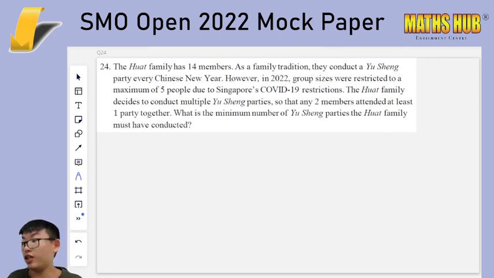Now, the choice of 14 is actually meant to make the bound a bit easier to work with. Why is that the case? Now, think of every one person. Each person needs to have a party with 13 other members of the family.